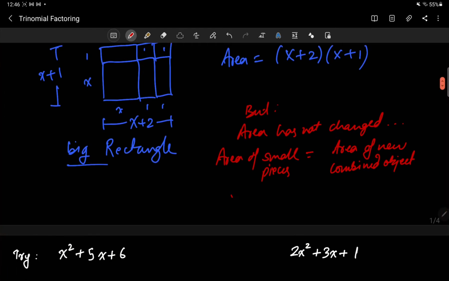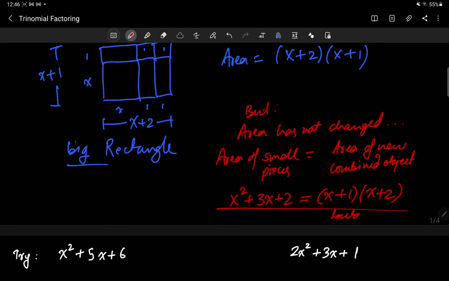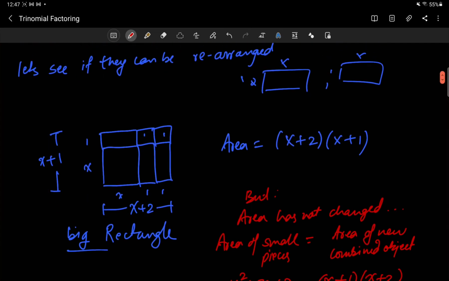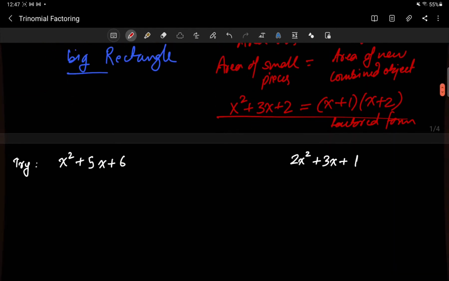That is to say that x squared plus 3x plus 2 must equal x plus 1 times x plus 2. And this, as we have seen before, is a factored form of the expression. So this is the first method, which is we convert the algebraic expression into a bunch of puzzle pieces, and the goal is to put these puzzle pieces together to form a bigger rectangle.